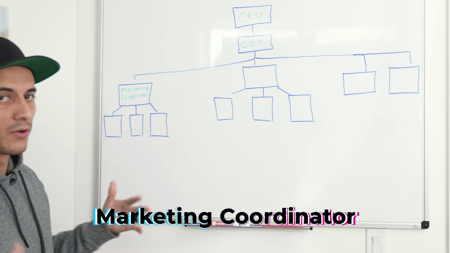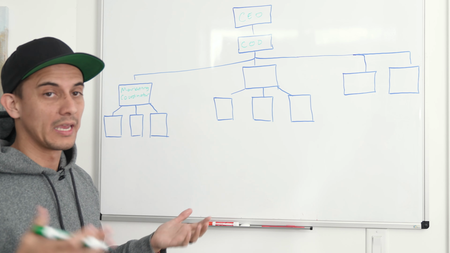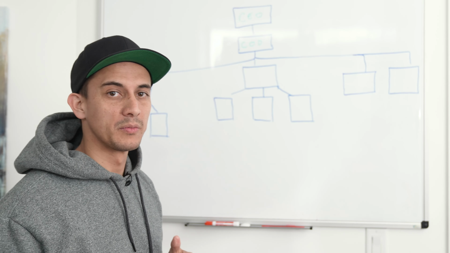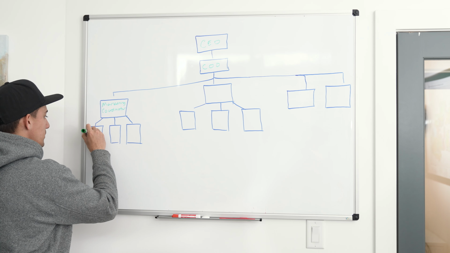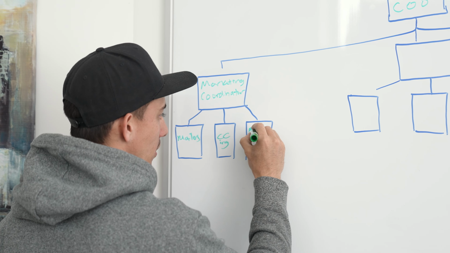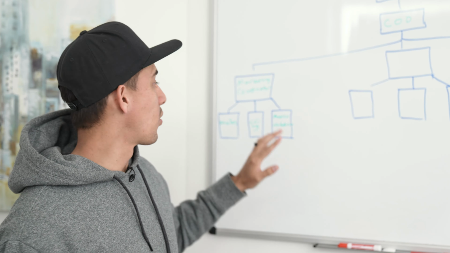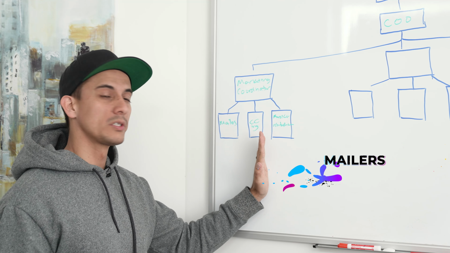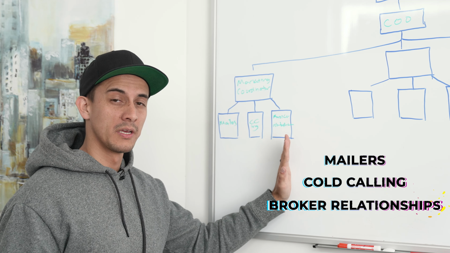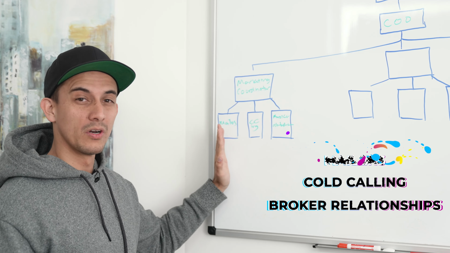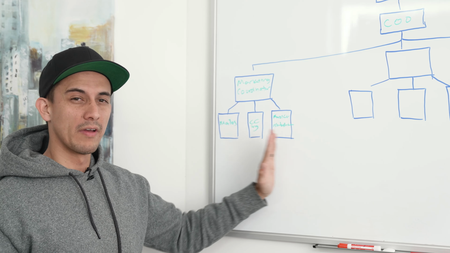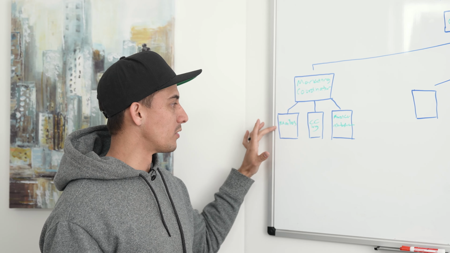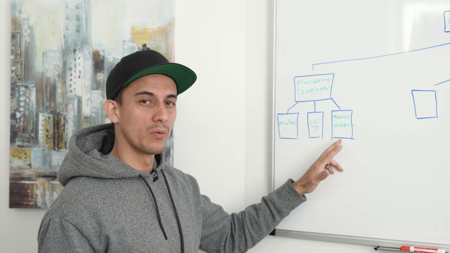Now these roles can be third-party vendors or in-house people as well, but we have ours set up to be third-party vendors: mailers, cold calling, and broker relationships. I'm not going to go into detail about how we've hired these third-party vendors, but just know that the marketing coordinator oversees mailers, cold calling, and broker relationships.